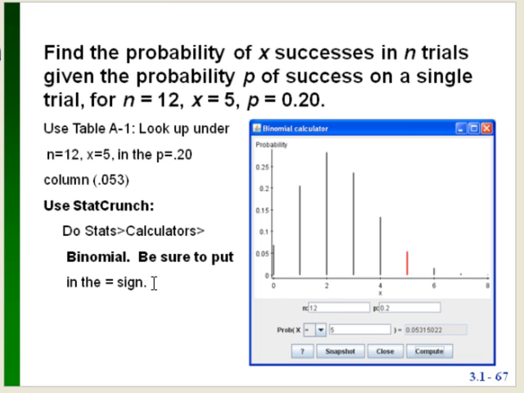And then we could also use StatCrunch. So here's our binomial calculator in StatCrunch. We'd put in our N here, the P here, the X here, and because we want exactly 5 successes, we put an equal in here, and this would give us 0.053.